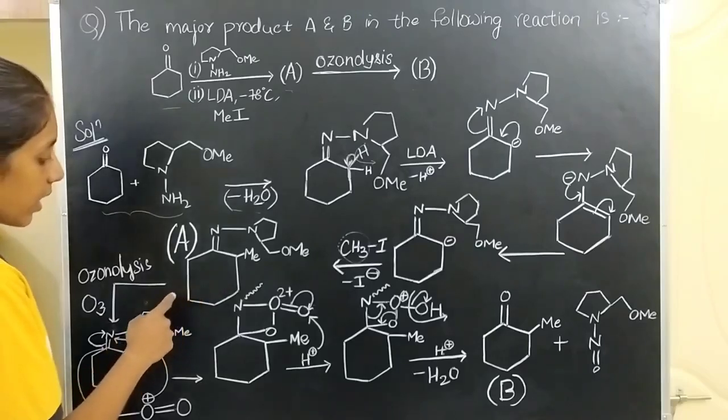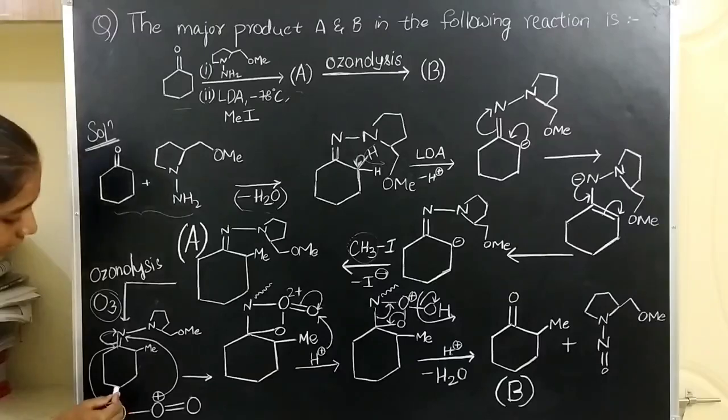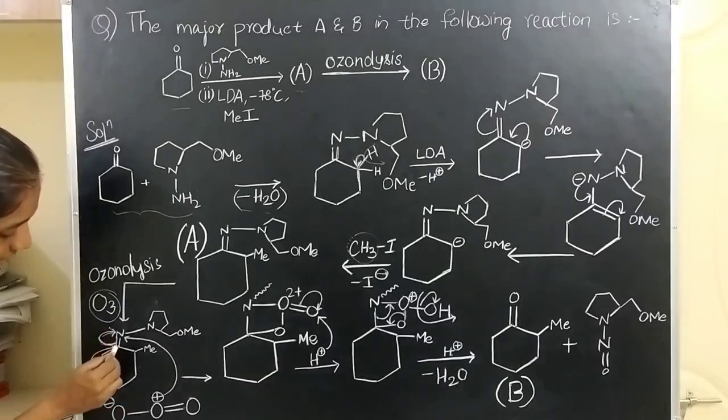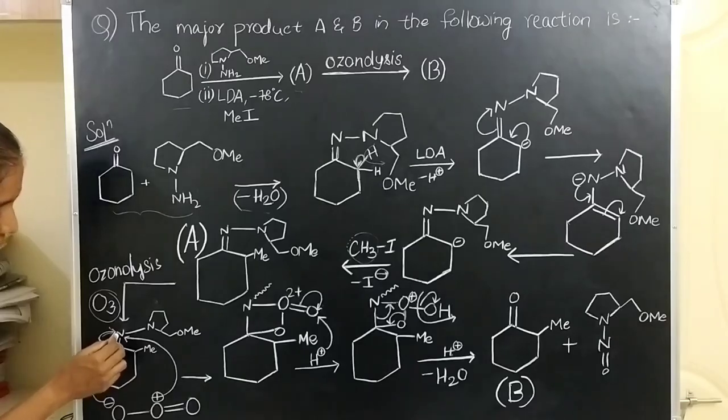Now this product A will undergo ozonolysis, that is, it will react with ozone, which is O3. This is the structure of ozone where one oxygen is positively charged and one more oxygen is negatively charged. In this product A, nitrogen will take the bond from carbon, leaving this carbon positively charged, and nitrogen will get a negative charge.